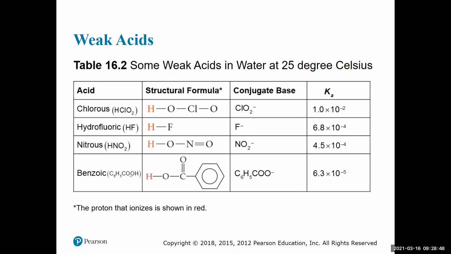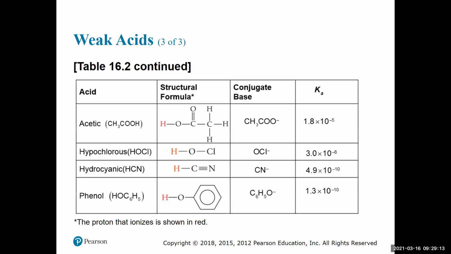So I mentioned a little bit about some of the acids. When I think of weak acids, down at the bottom here, benzoic acid is a good example. This C double bond O with a single bonded O and then a hydrogen on that single bonded O. That functionality is a carboxylic acid. So those are real popular acids in the chemistry world. Everybody likes carboxylic acids. Acetic is another one.